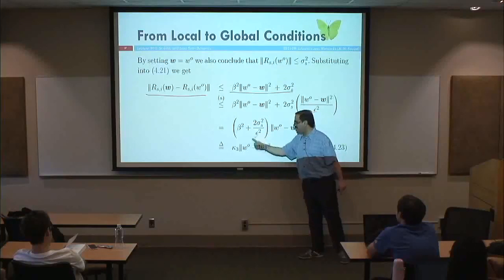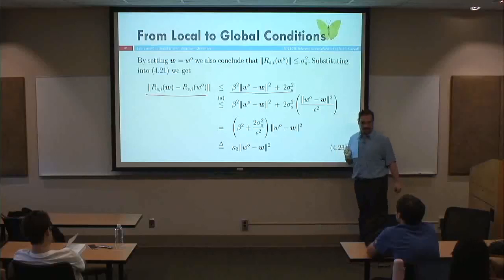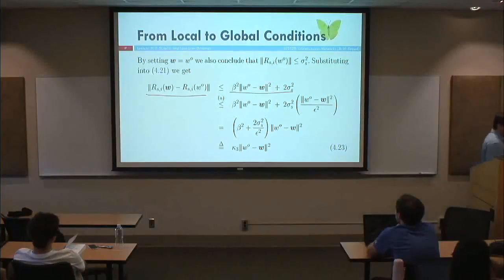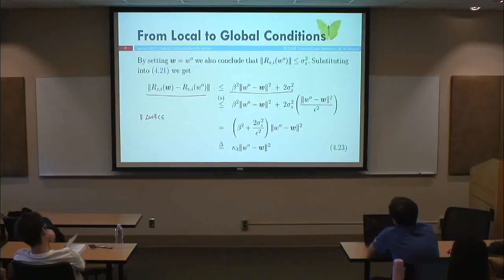And then this becomes a constant, and then we are back to what I wanted, right? Okay? So what have I shown? Remember, if I am inside, if my delta omega is less than epsilon, this is bounded by some kappa norm of this to the gamma.